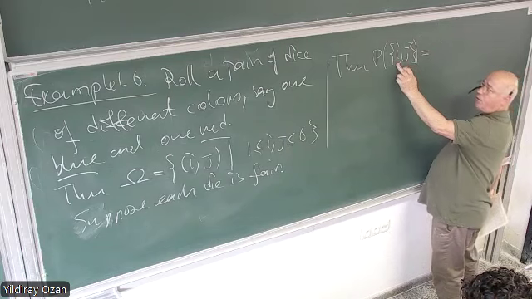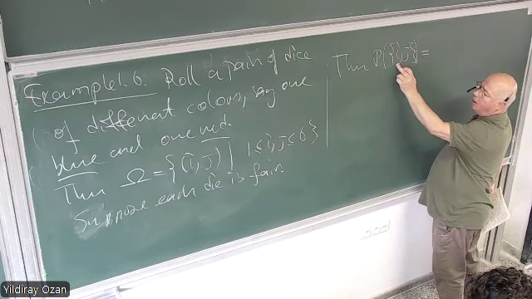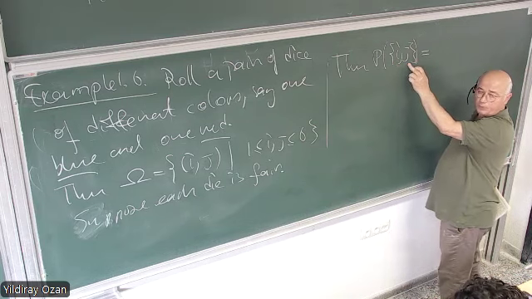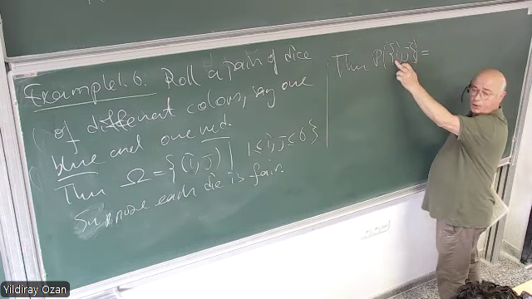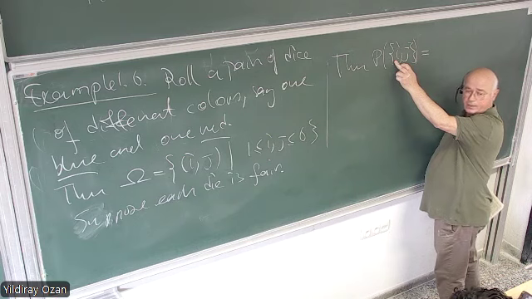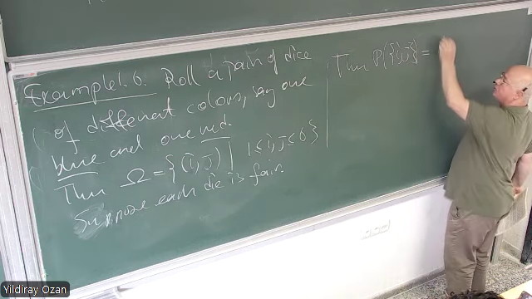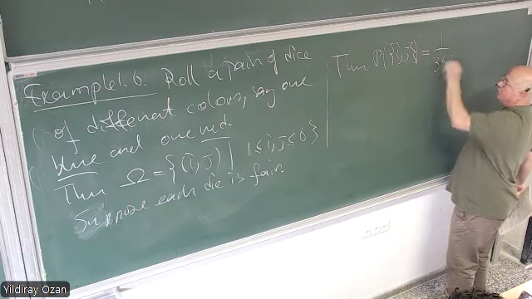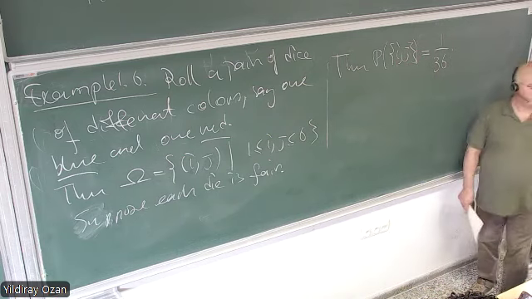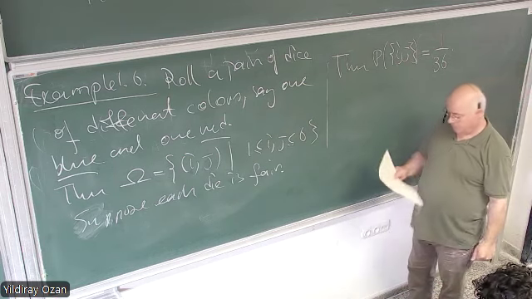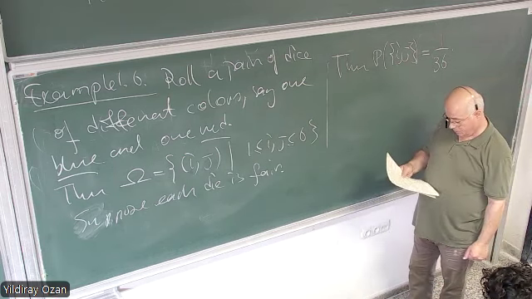The first one, the blue one, comes i, the red one comes j. What is the probability of this? Well, the probability of this is 1/6. This is another 1/6, and we multiply, right? So this is just 1/36.